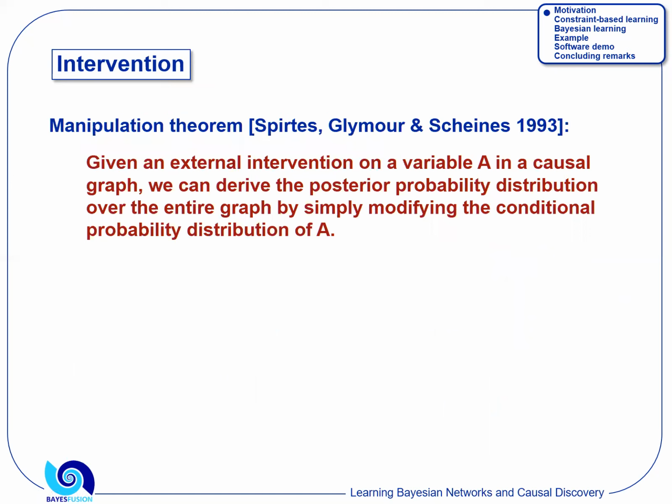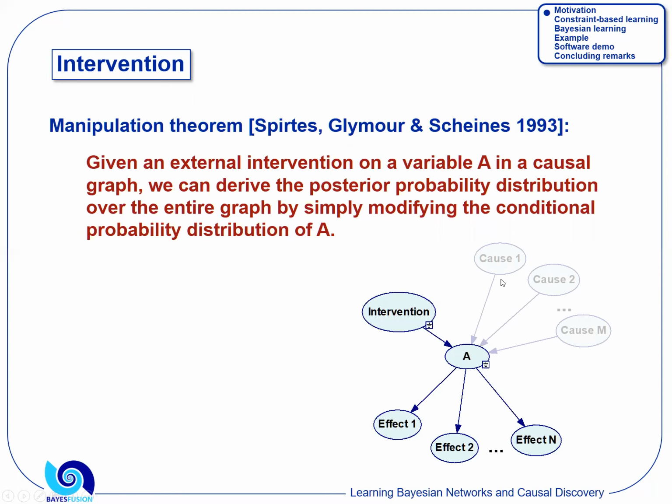A side step from discovery, just a side step to show you how close this is to science. There is a theorem by Spirtes, Glymour, and Scheines. All three are philosophers, saying that if there is an external intervention in a causal graph, you can predict the effects of that intervention by just modifying the distribution over the variable that you manipulate.